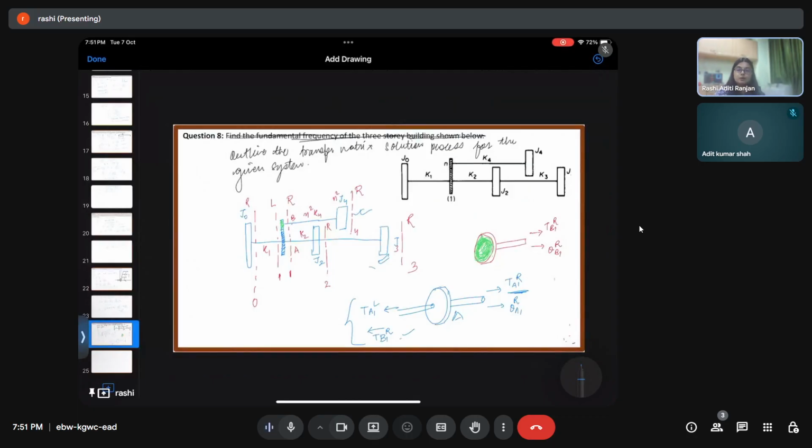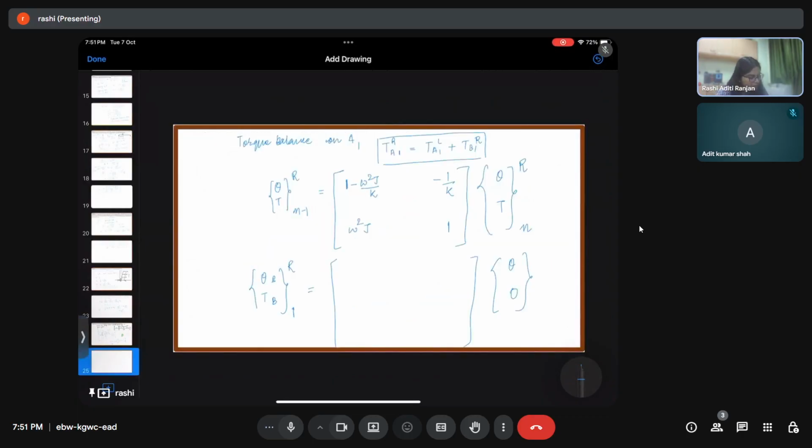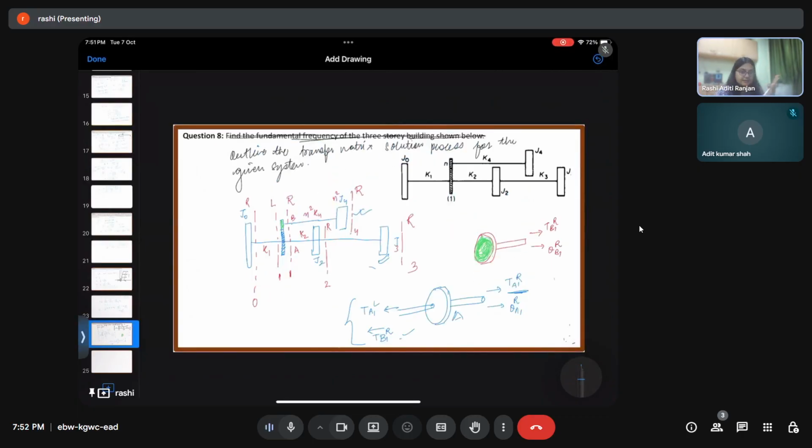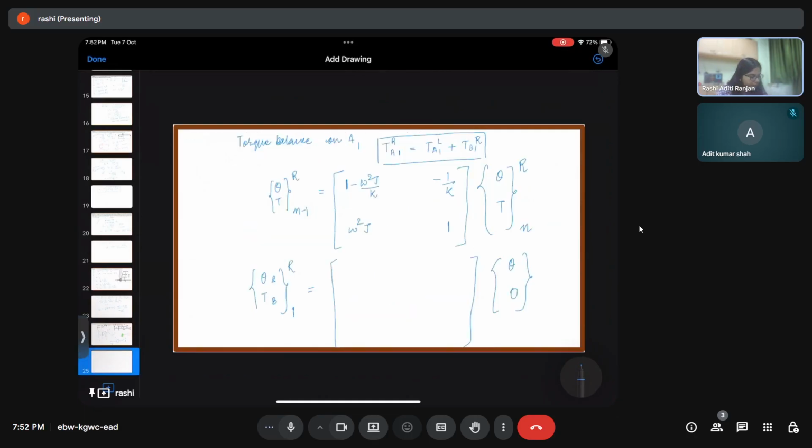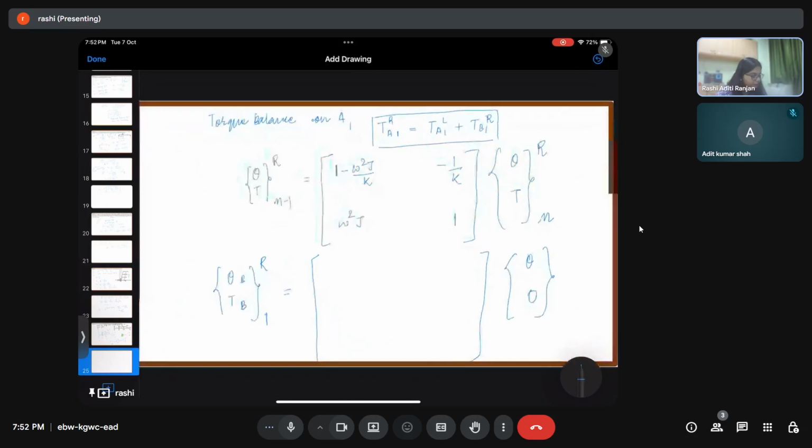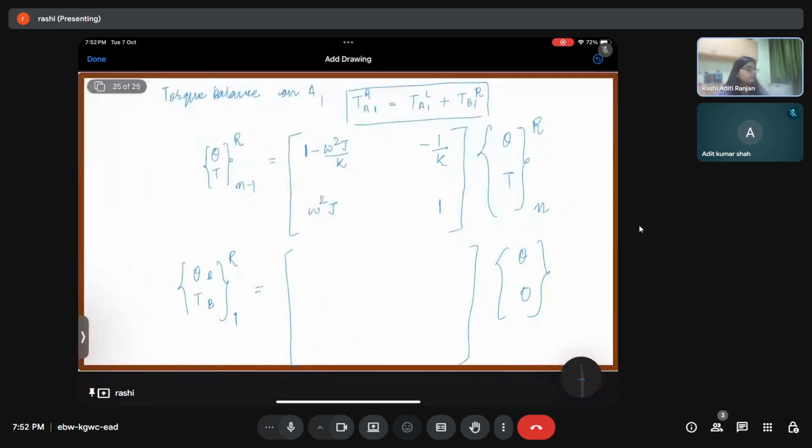On the left hand side it is going to have torque, but on the right hand side it is not having.